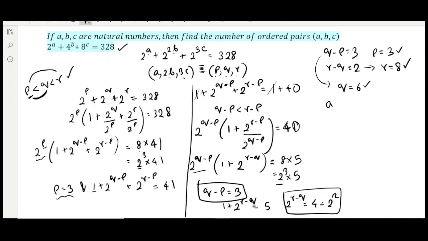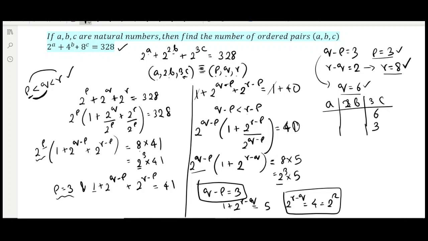Now we can take the values a, 2b, 3c. As we can see that this is the multiple of 3, then this can be equated to 6 or 3, because p, q, r can be equal to 3c also. 3c can be equal to p or q or r, but it cannot be equal to r, so we can equate 3c to 6 or 3. When we equate 3c to 6, then 2b will become one of these.